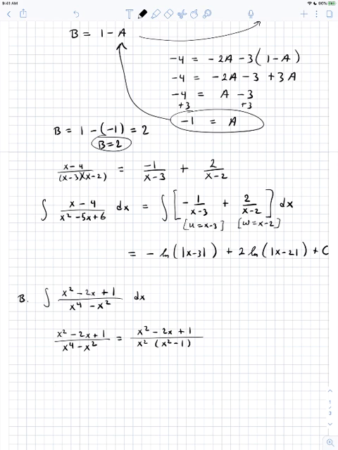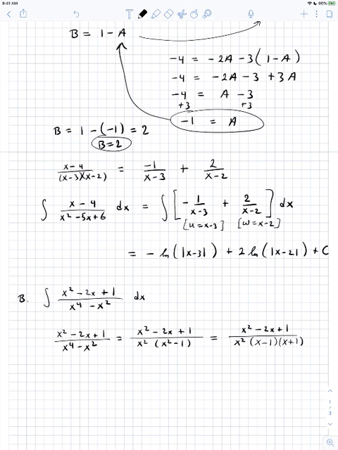Now the denominator has this x squared minus 1 term, which is a difference of squares, so we can factor that again. You're going to have x squared times x minus 1 times x plus 1, and in the numerator, let's not do anything yet, x squared minus 2x plus 1.